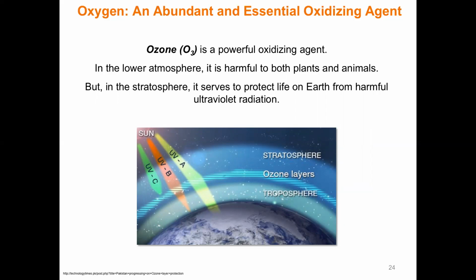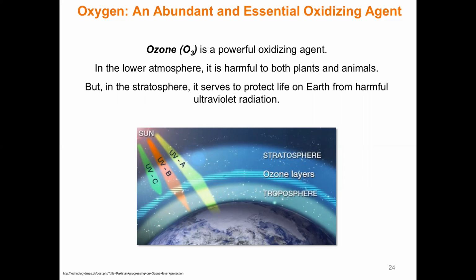This is why we can use it to kill bacteria, because it's really damaging. But we need it up in the stratosphere, because it is a good oxidizing agent. It accepts energy in a way, so it can absorb UV light. Not UVA, that can get through, but different wavelengths of UV, ultraviolet.